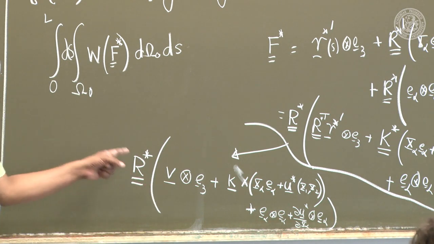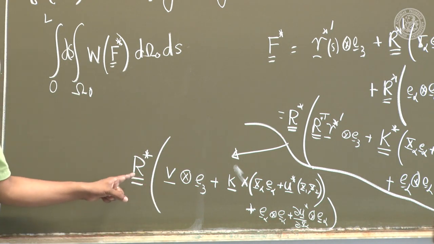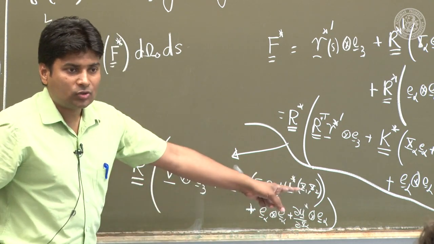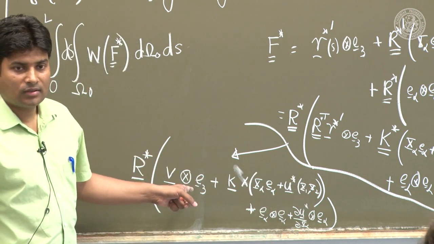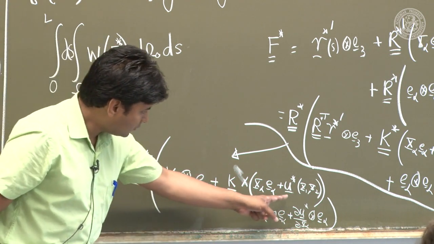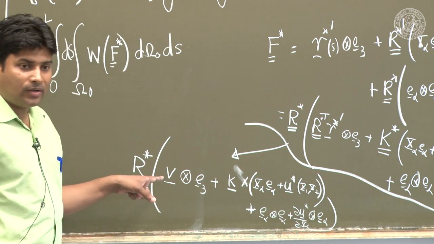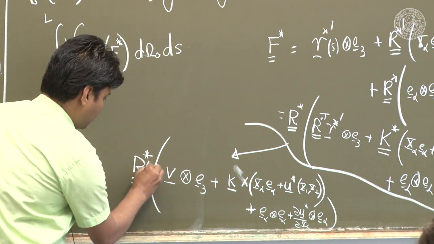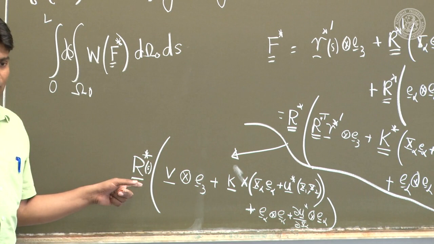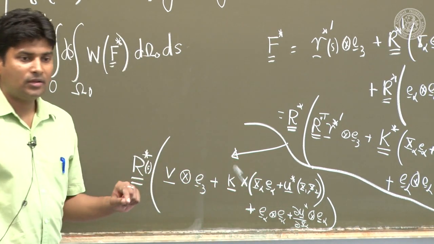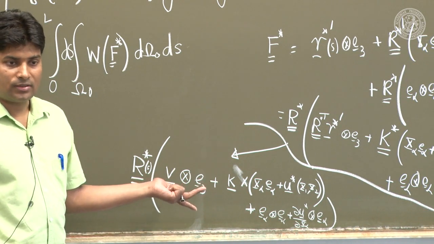Okay. Now you see in this deformation gradient, the thing inside the bracket is not function of arc length. They are only functions of x1 and x2. And the S dependence is over here in this big R star. So the S dependence is here, but the thing inside the bracket is independent of S.